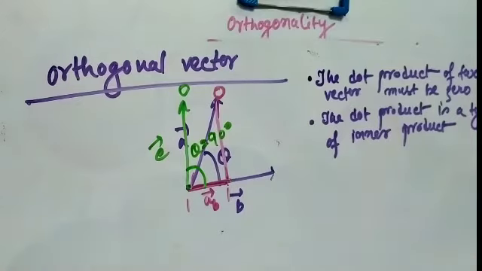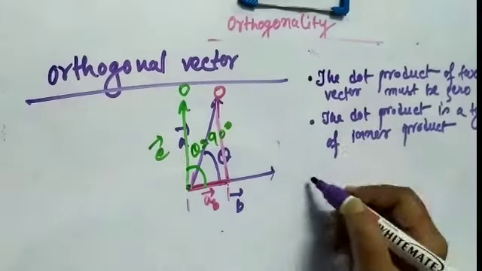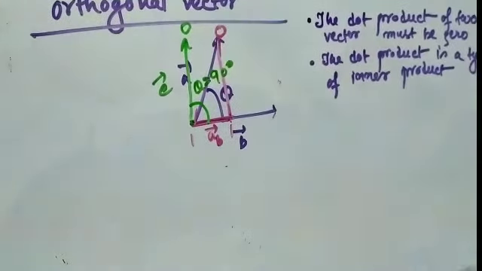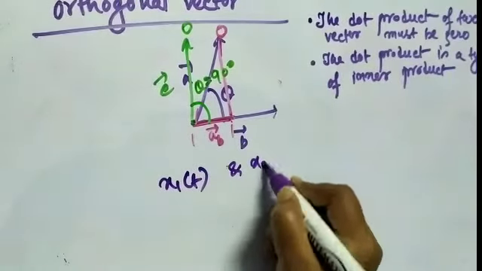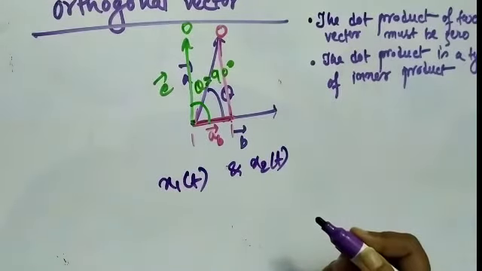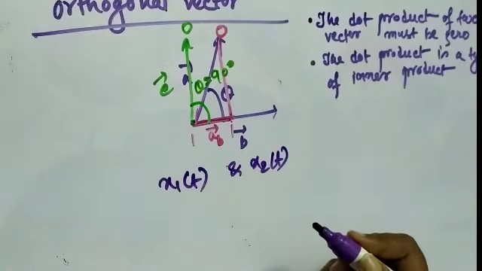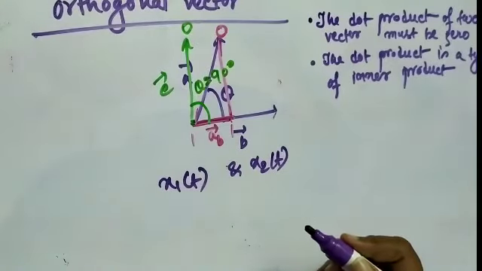In case of signal space, the typical inner product is called the definite integral. So if we have two signals, suppose x1(t) and x2(t), and suppose they are orthogonal, then their integration over the total time period that the signals exist is 0.